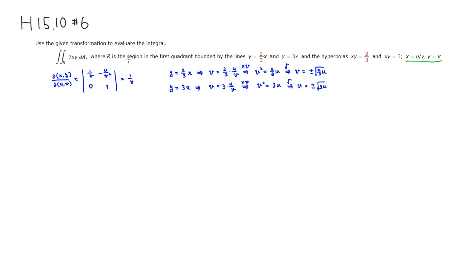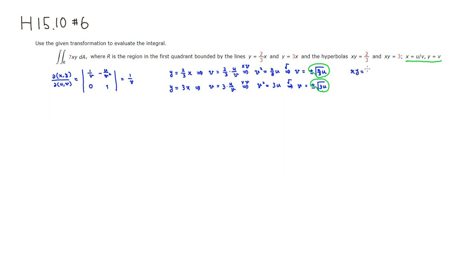Since we're talking about the first quadrant, v is equal to y, so we only take the positive square root of 2/3 u and the positive square root of 3u.